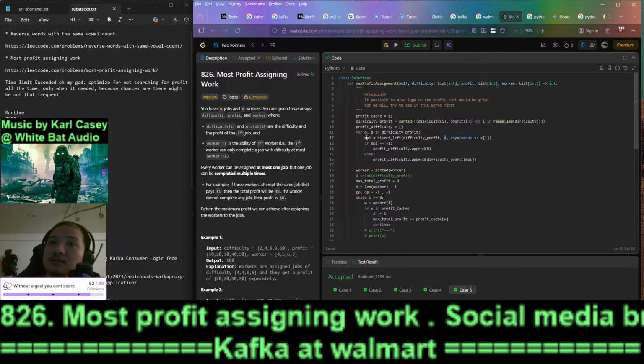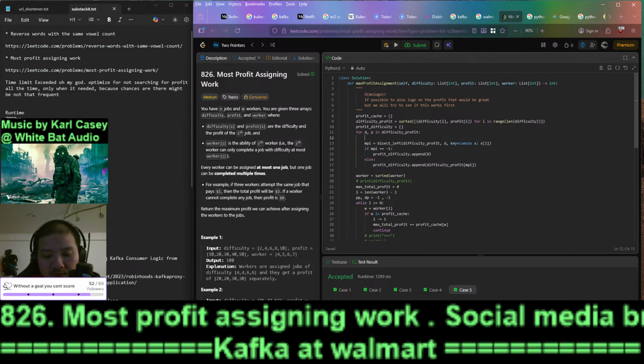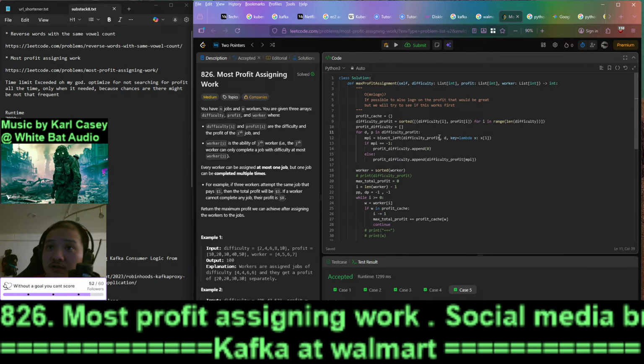So basically, okay, so we want to look bisect difficulty profit. Here we want to look all the way from the beginning to the current index, right? So DI in enumerate of this, right?